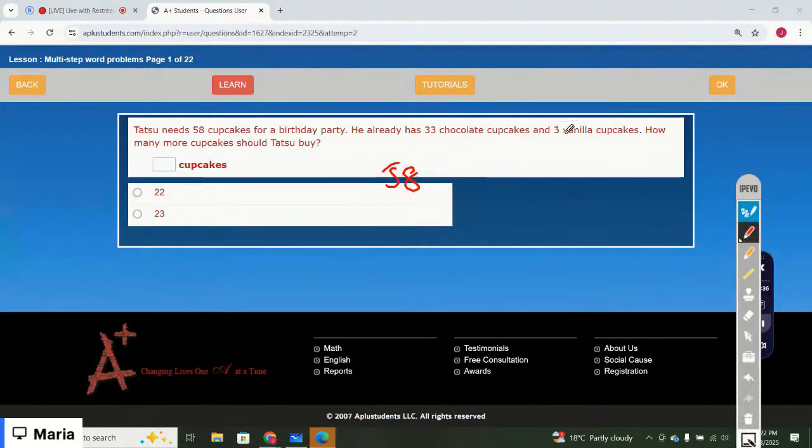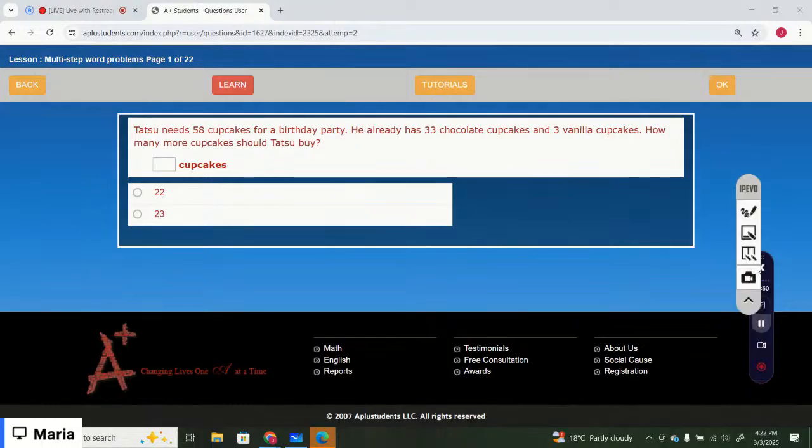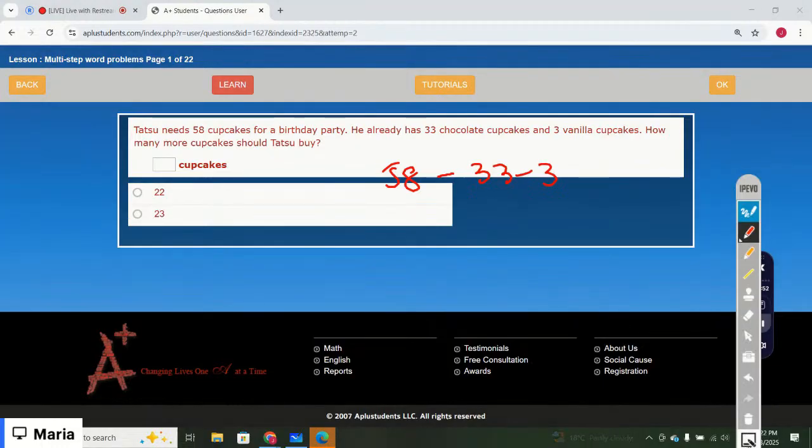You need to subtract because you need to find how much more he needs. He already has 33 chocolate and 3 vanilla, that means 33 plus 3 makes 36. He needs 58, so just subtract and see how much more he needs.